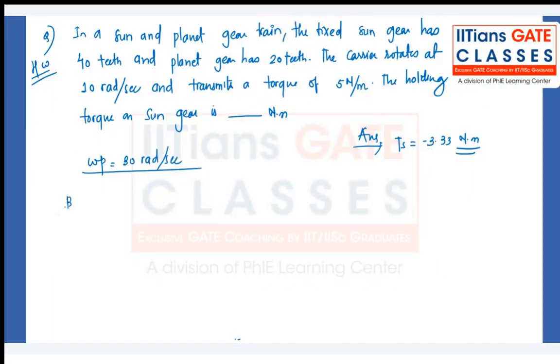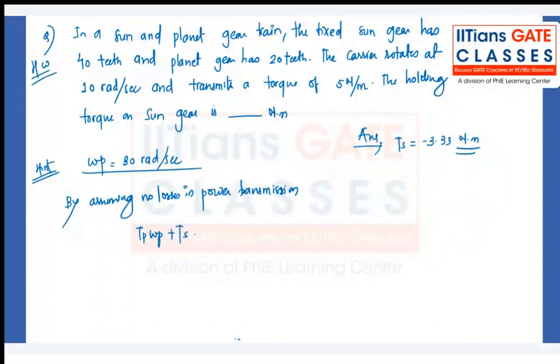And the next thing, I'll write a hint here: by assuming no losses in power transmission, Tp into omega p plus Ts into omega s plus Ta into omega a is equal to 0. Yes, try to solve this.